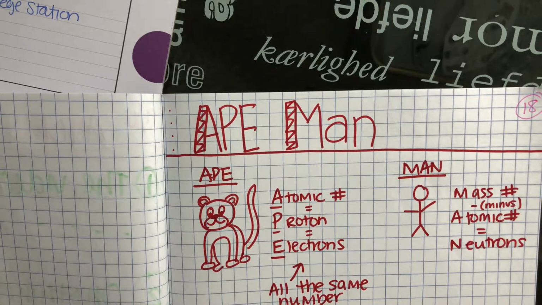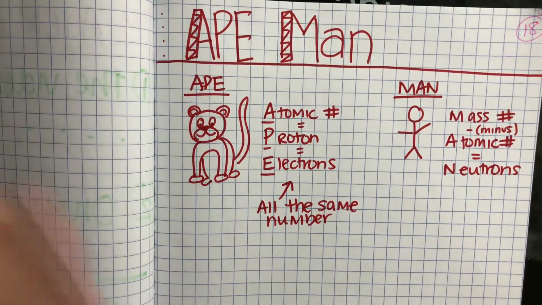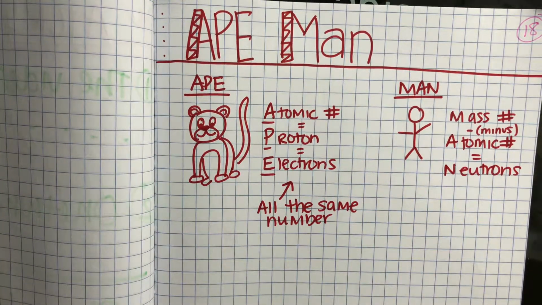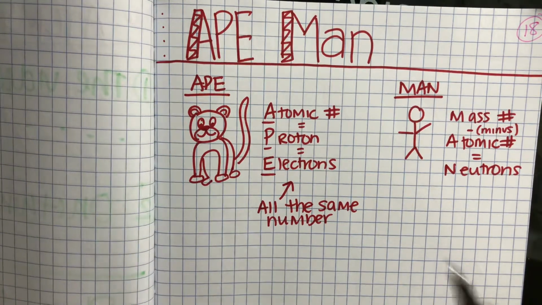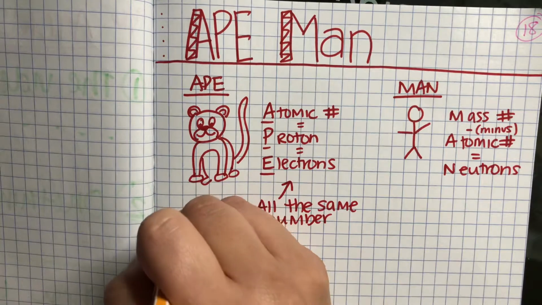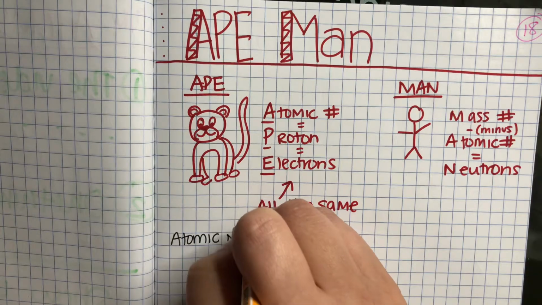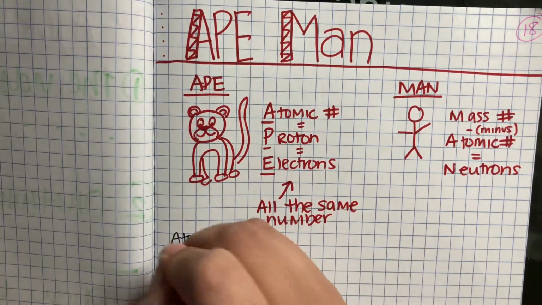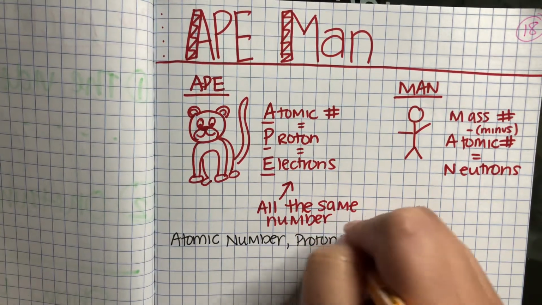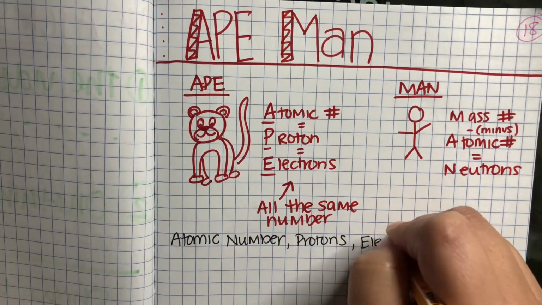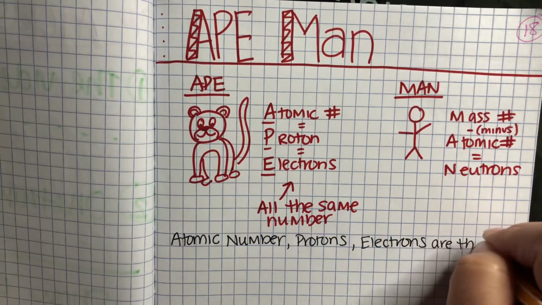So again, let me scoot this up just a little. And I'll go ahead and switch colors. So the atomic number, protons, electrons are the same.